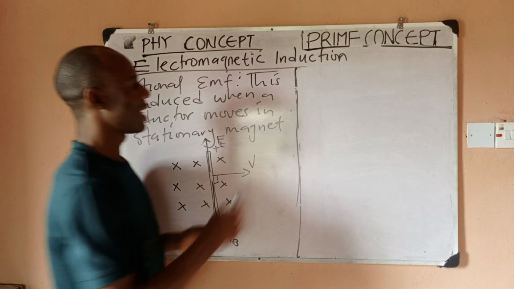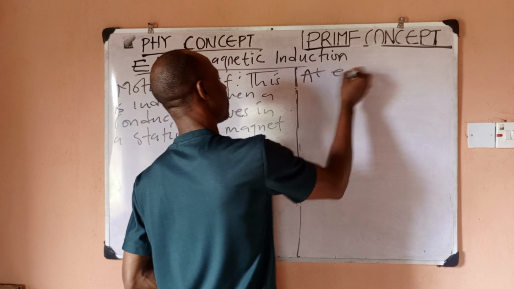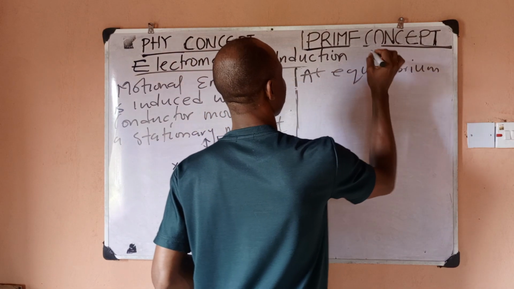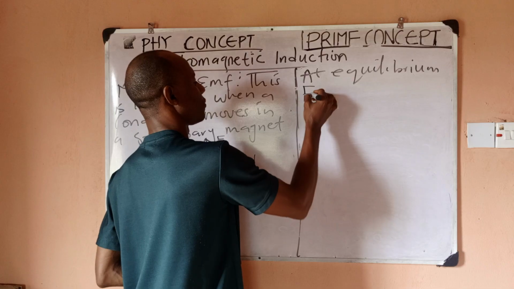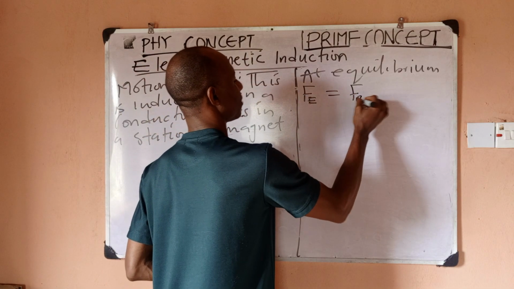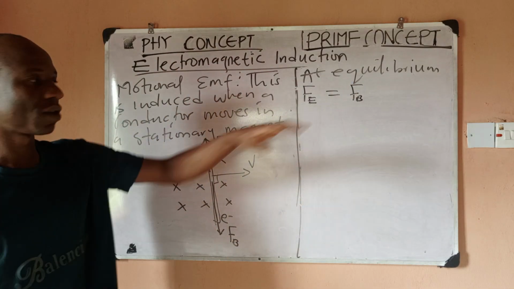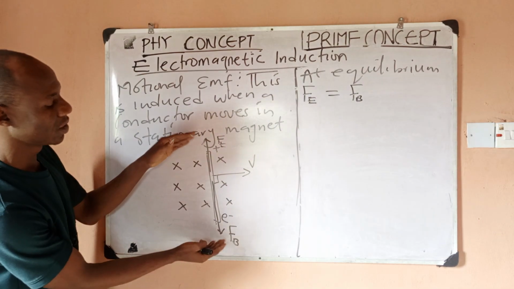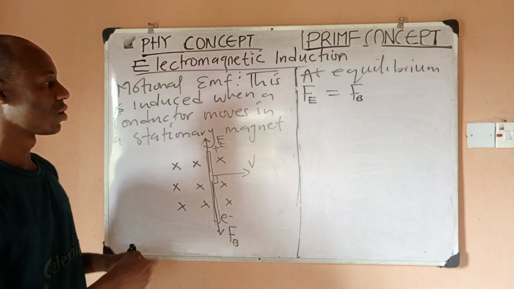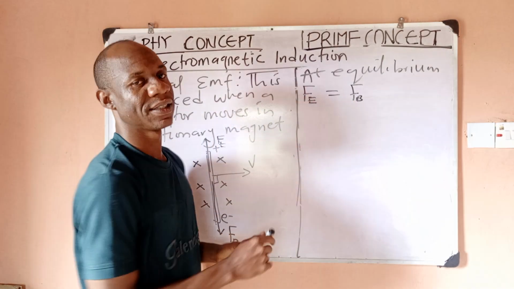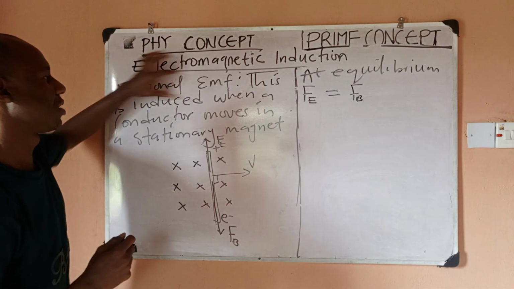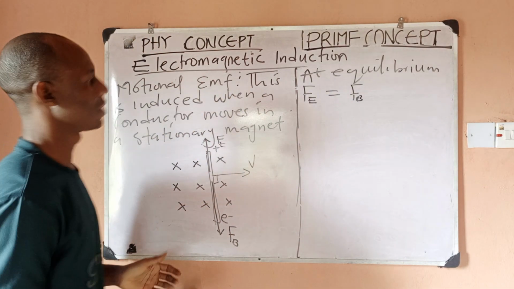At equilibrium, the electric force would equal the magnetic force. Under the equilibrium condition, these two forces, because they are opposite, will balance each other. So we can equate them to derive the relationship for the magnitude of the motional EMF under this condition.